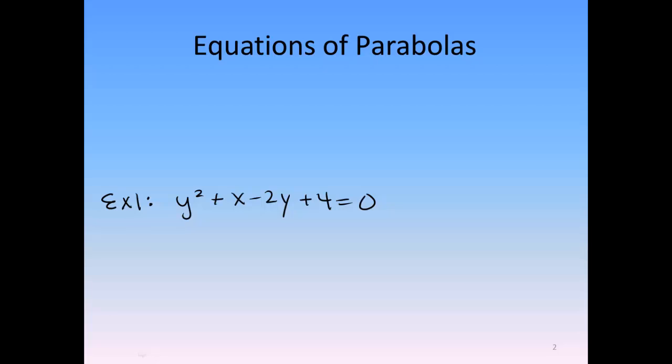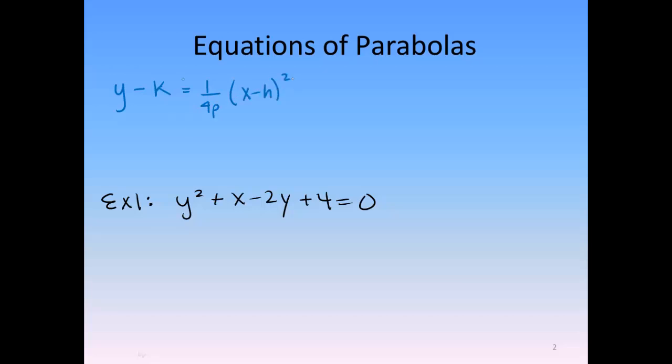So before we start on example number 1, which is off of your video worksheet 8, I'm going to go ahead and write the two equations that are the formulas that we're going to be using. So we've got two different forms because we have parabolas that open in two different directions. So if I have y equals, I might have y minus k equals 1 over 4p times x minus h quantity squared.